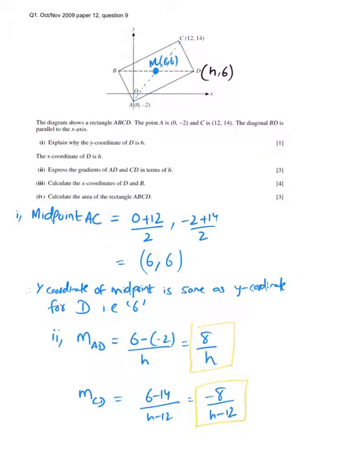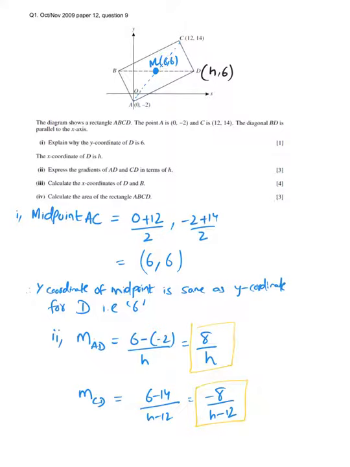Part 3 says calculate the x coordinate of D and B. The x coordinate of D is the value of h, so we have to calculate the value of h. We need to come up with an equation in terms of h, and when we solve it, we can have the value of h.